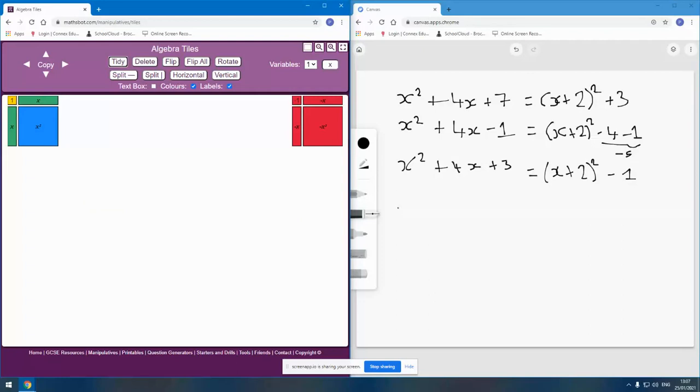What about then if we have a quadratic that doesn't have a coefficient of x squared as 1? Maybe something like 2x squared plus 4x plus 3. Well, if I build that expression, here's my 2x squared, here's my 4x, and here's my 3.